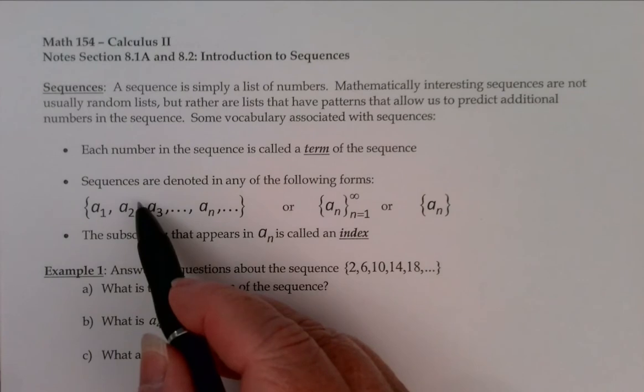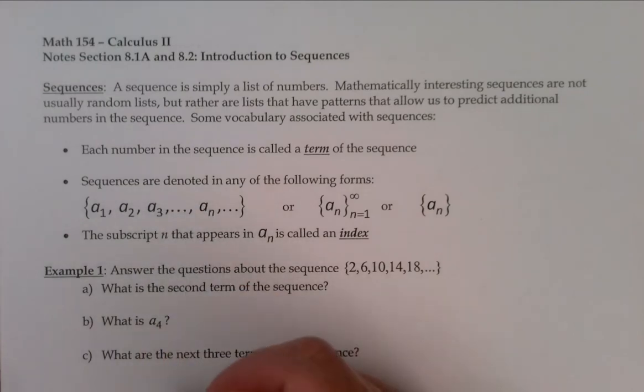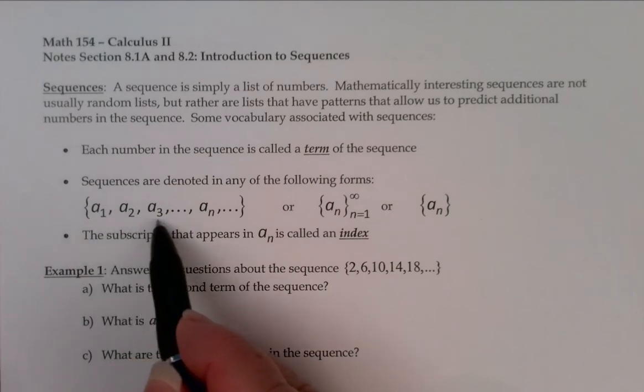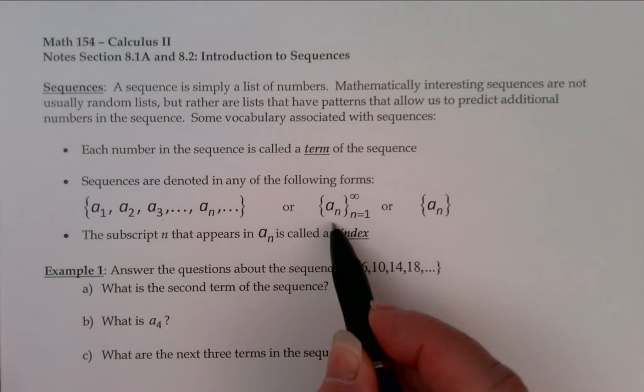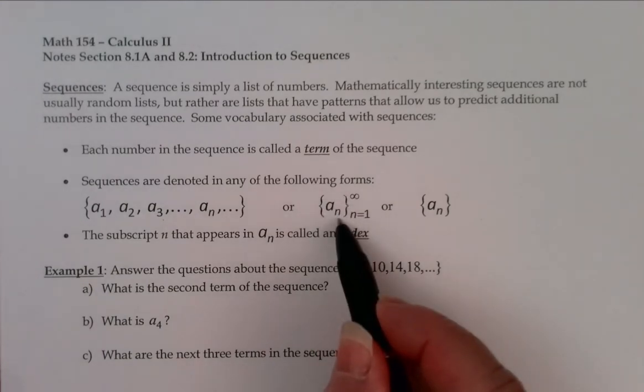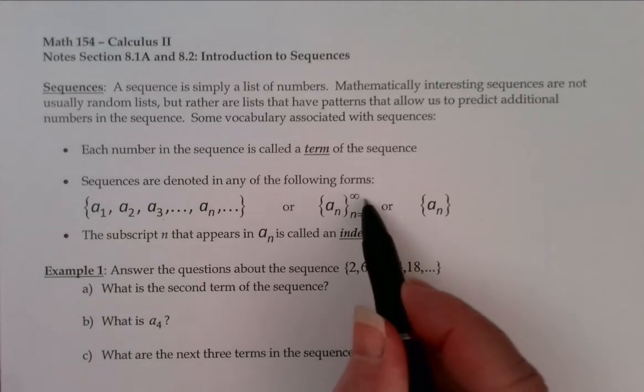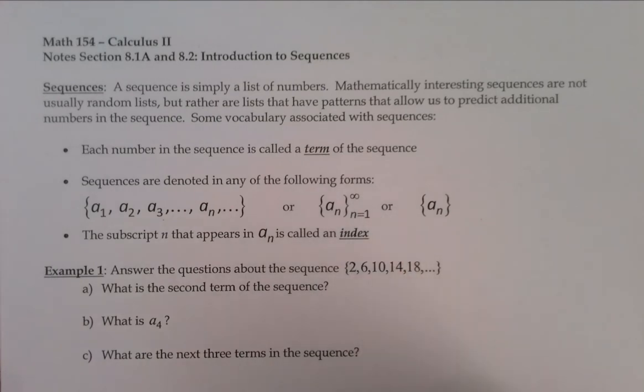And sequences can be denoted in a couple of different ways. We can list out the terms, the first term, second term, third term, and so on. Or we can just say it's the set of all the terms, a sub n, and then we have to give the first value, and then if it's an infinite sequence, which the ones we're looking at mostly will be, it goes all the way to infinity.